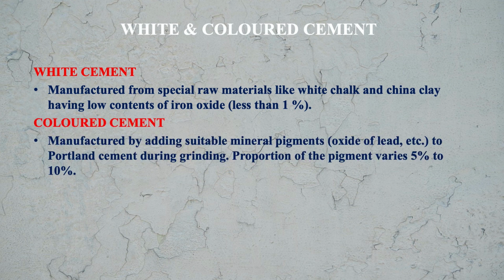Colored cements are manufactured by adding suitable mineral pigments. These are oxides of lead and other materials added to the Portland cement during grinding. Means at the stage of grinding, we mix the oxides of lead and other materials to get the colored cement.